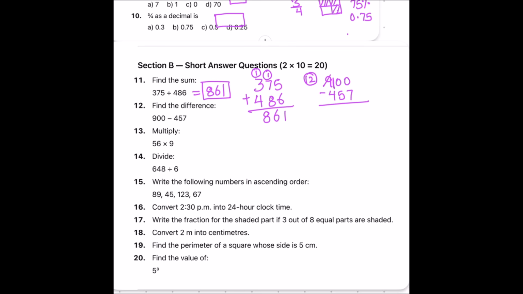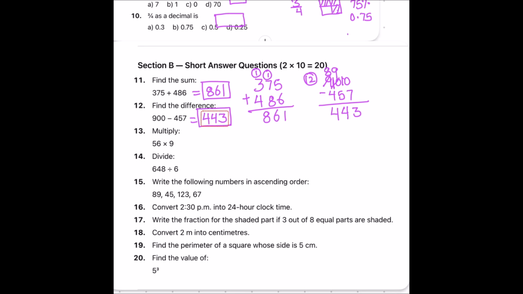This will become 10. 9 will become 8. Now we'll borrow from 10. 10 will become 9, and this 0 will become 10. So 10 minus 7 is 3. Here we have 9. 9 minus 5 is 4, and here 8 minus 4 is 4. So that's 443. The difference is 443.